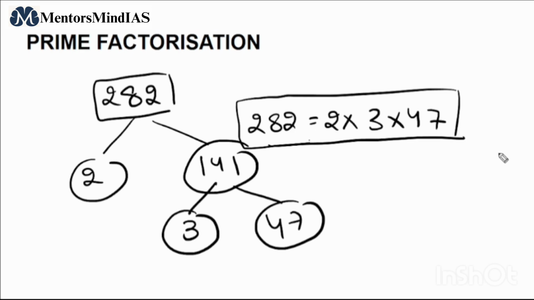Till now what we have done is we have just found the prime factors of the given number, and how to use these prime factors as a way to find the LCM. This is the next step.